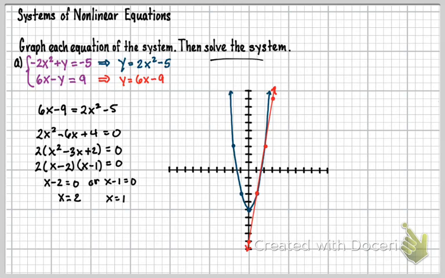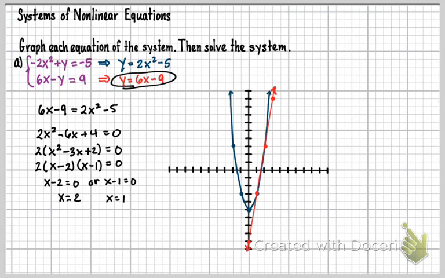So since I'm solving a system, I actually have to find the y values as well, because it's an ordered pair. When I think about two equations intersecting, they intersect at an object called a point. So that has both an x and a y coordinate. Now I'm going to plug it into the one that's easier to compute, and that's going to be the bottom one here.